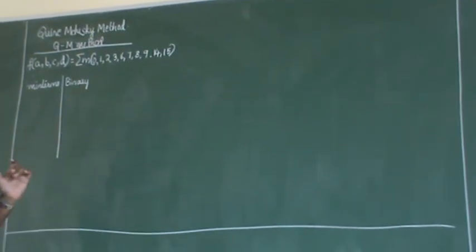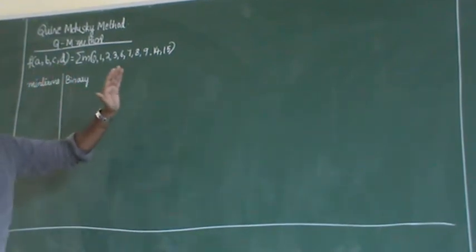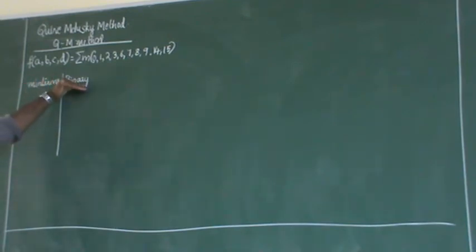After taking the question, this is the first table. There will be many tables in order to get the final expression. In the first table, you have to write the minterms towards the left side and the binary representation towards the right side. This is how you have to write table number 1.